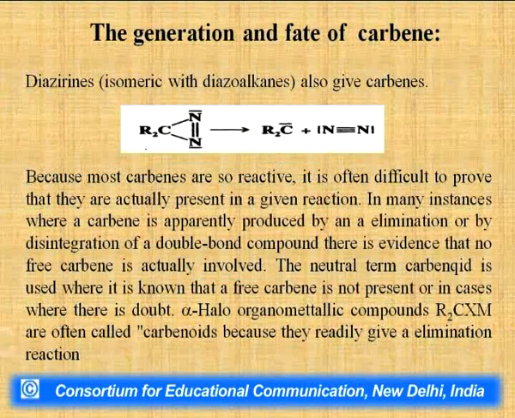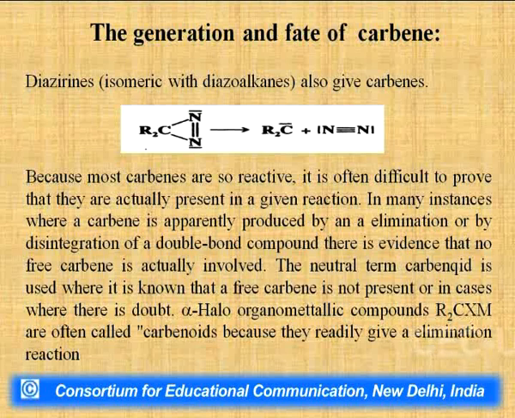Diazirines also give carbenes. Because most carbenes are so reactive, it is often difficult to prove that they are actually present in a given reaction. As we have already said, the lifetime of a carbene is very short. In many instances where a carbene is apparently produced by an elimination or by disintegration of a double bond, there is evidence that no free carbene is actually involved.